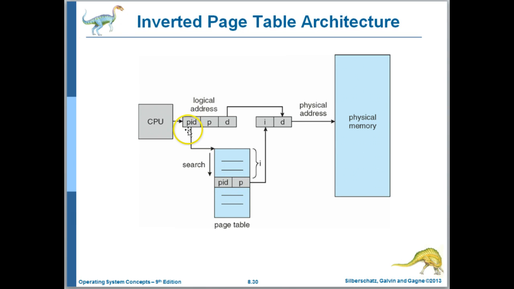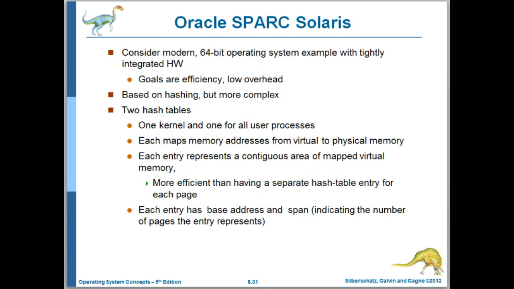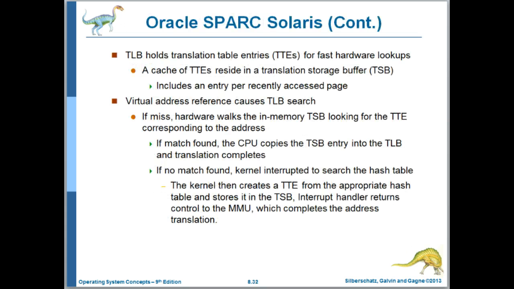So a logical address consists of the usual page offset, page number, and a PID, and then the inverted page table is searched associatively using PID and the page number. When we get a hit, the index into the page table is used as the frame number, and that gives us the physical address. I'm going to skip the material on the Spark, so I'm also skipping this.